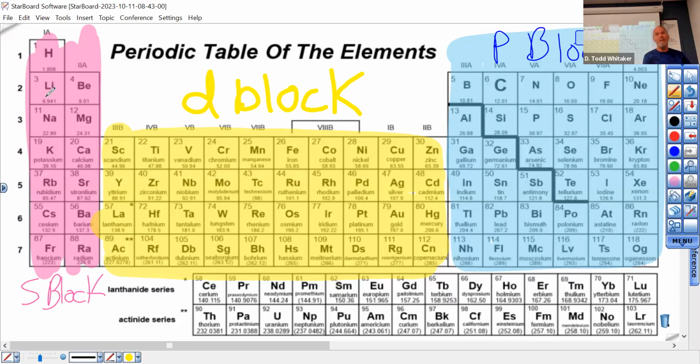And where does it go? Don't say 1s. 2s. It says 2, and you're in the s block. The periodic table gives you the answer. What is the last orbital for lithium? Well, it's in the s block, so it's an s orbital. It's in the second row, so it's a 2s orbital. End of story. And now you've got 2s2, and you're at beryllium.